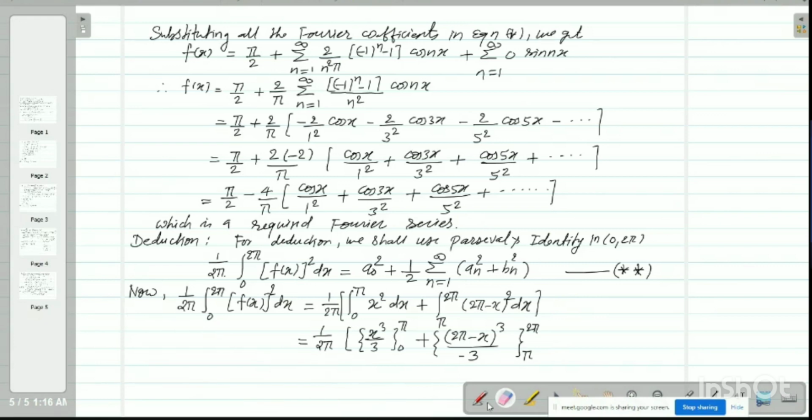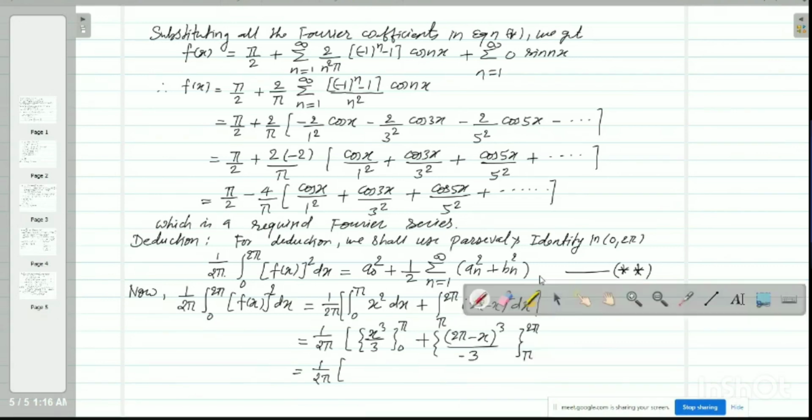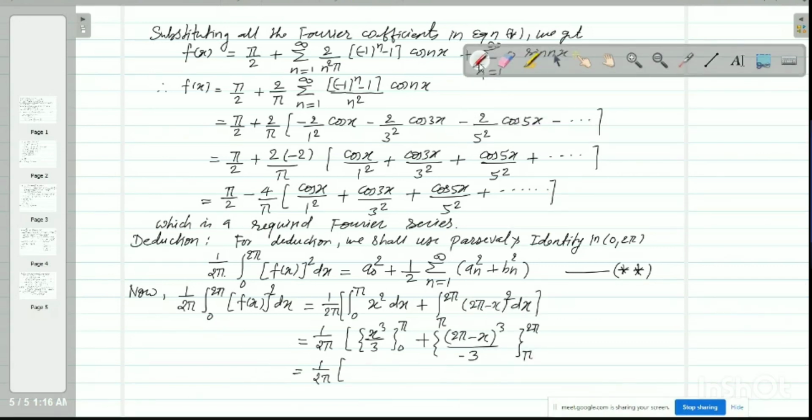Just continue. Providing limits, this is equal to 1 upon 2 pi, and the upper limit is pi cube by 3, lower limit is 0, minus 1 by 3, which I am taking outside.